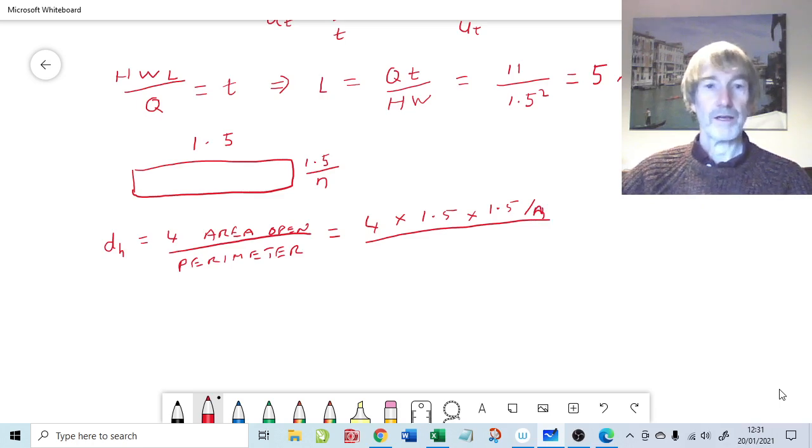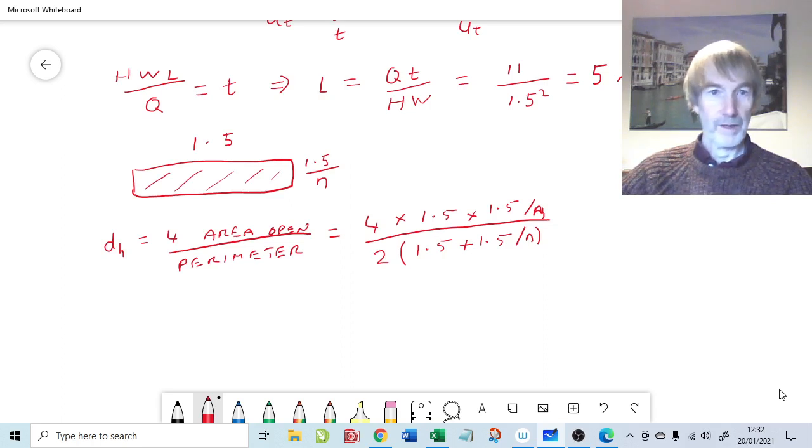The perimeter is going to be 2 times 1.5 plus 1.5, again divided by n. Okay, so the area is just top dimension multiplied by the side dimension. The perimeter, though, is 2 of those and 2 of these, 2 of these, one there, one there, and 2 of these, 1 there and 1 there.